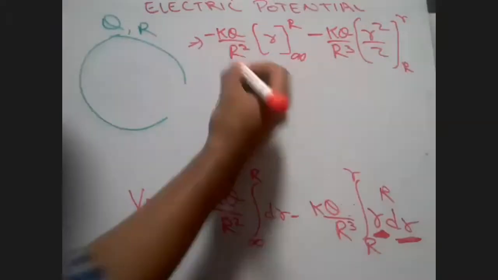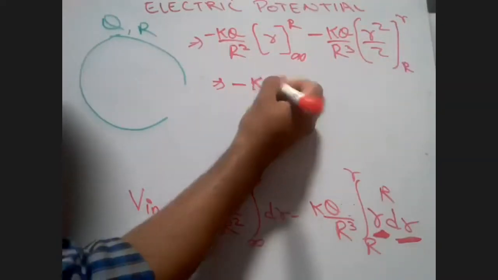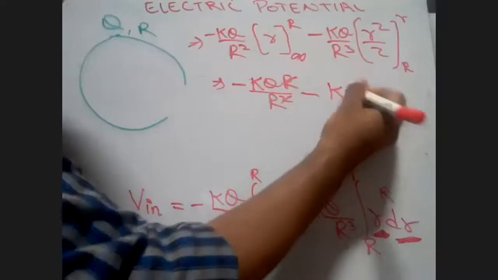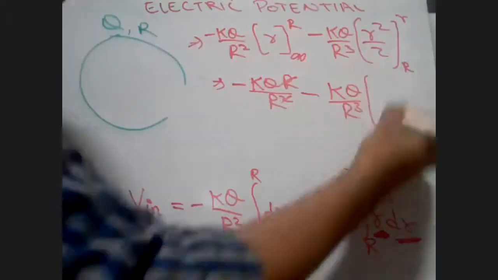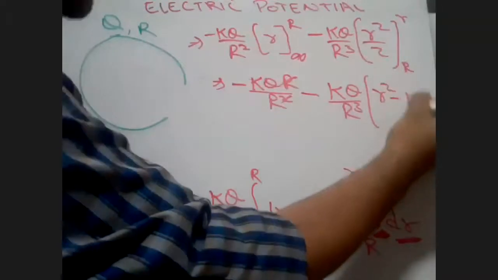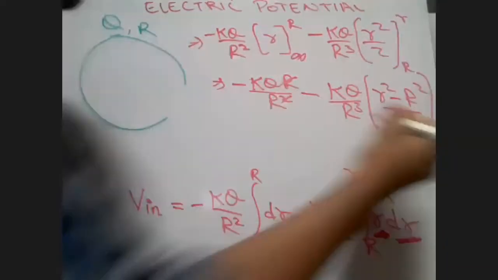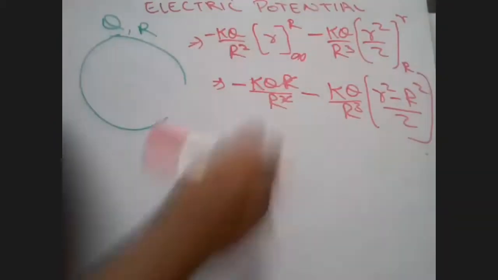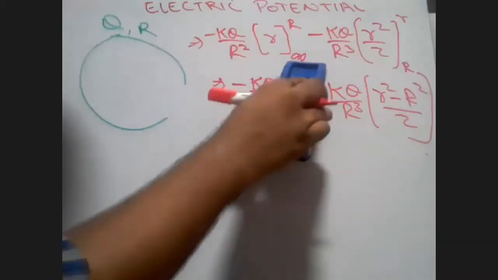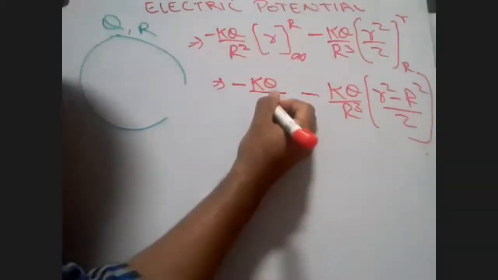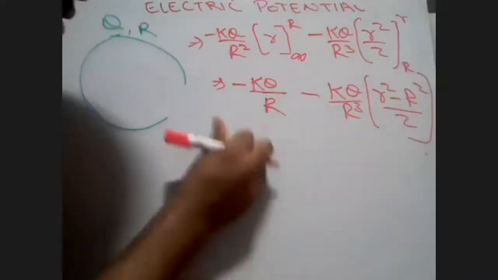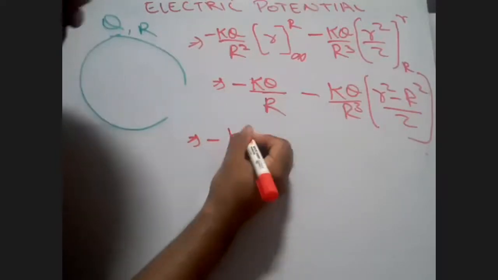Okay, so if I solve this, what will I get? I'll get minus KQ upon capital R square, and the R square will get cut, minus KQ upon R cube into r square minus capital R square by 2. Then what will I get? I can take KQ by R common. I'll take minus common, KQ by R cube.